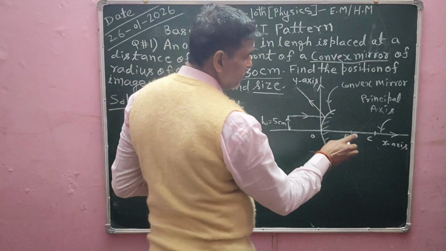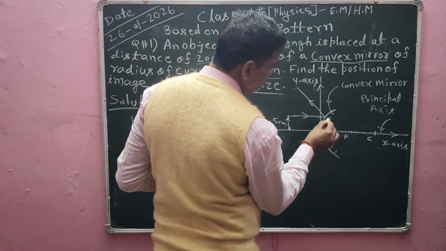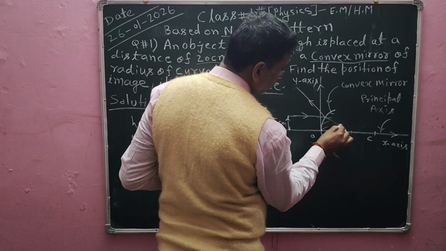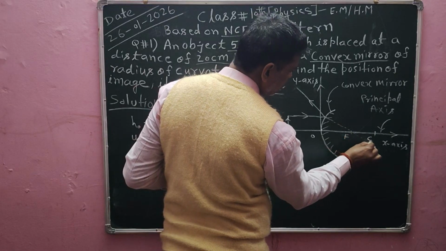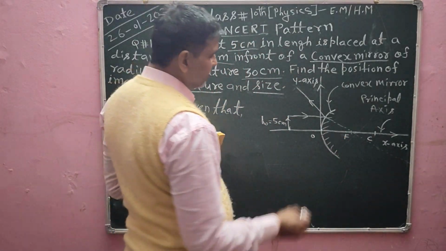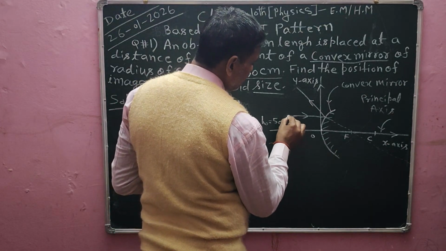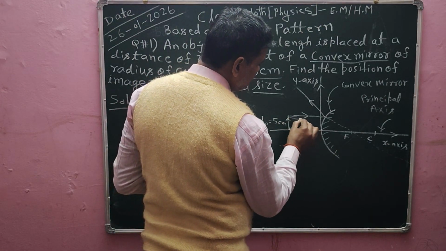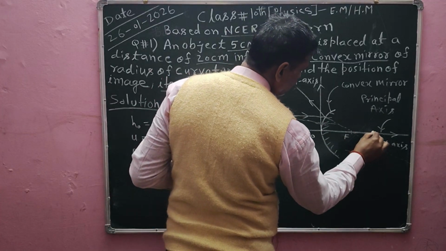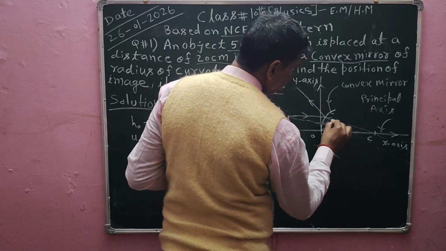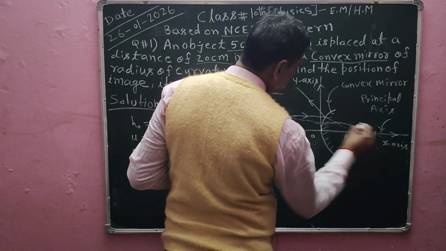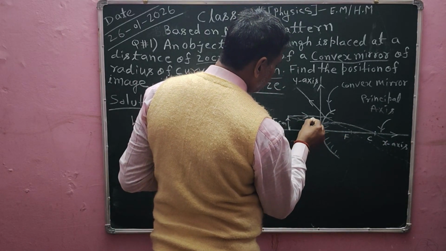It does not go this side, but I will imagine if this paint were not present, it would go through the focus, and the other ray will go through the center of curvature, so that ray will return back.